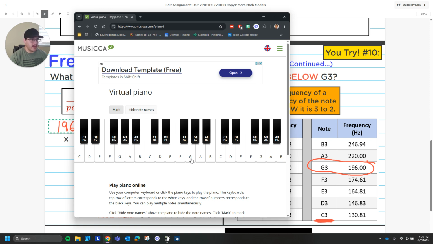Let me choose a higher frequency, or let's pretend again this is G, and then C. And I'm going to play these again. So you can see how they resonate with each other. Even though they're different notes, they have a frequency that sounds pleasant together. A perfect fifth below.